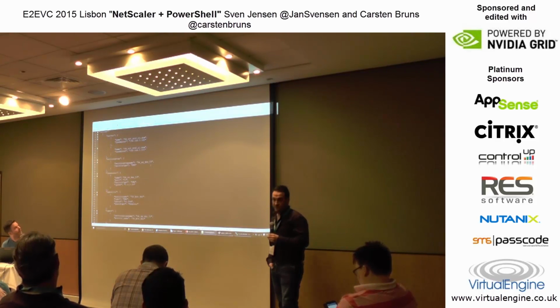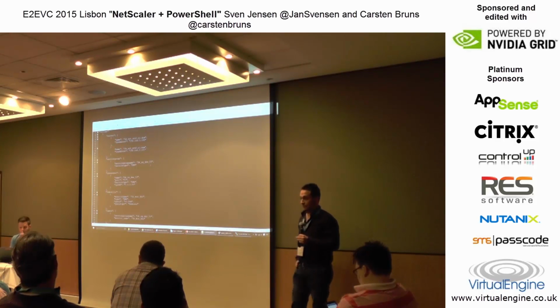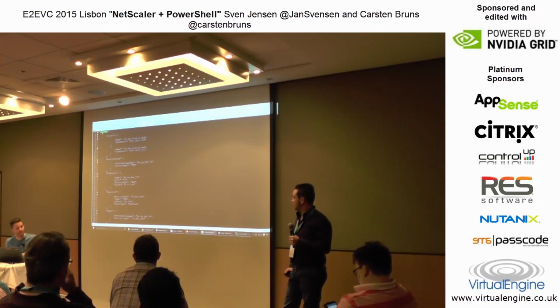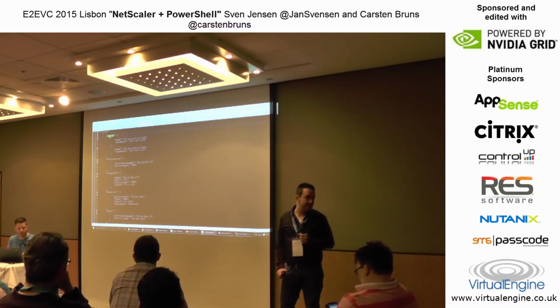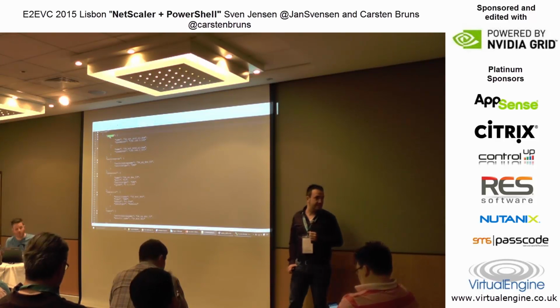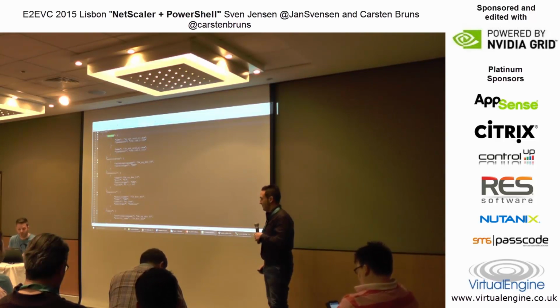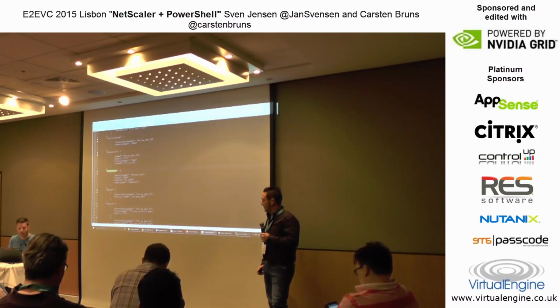So we have a JSON file called demo NSA2E. And we have a section called LB items, which are all load balancing items. And for each and every item, we have a category. We have the servers on top. We're adding 2 servers here. We have service groups, we have load balancing vServers, and we have a monitor to create.